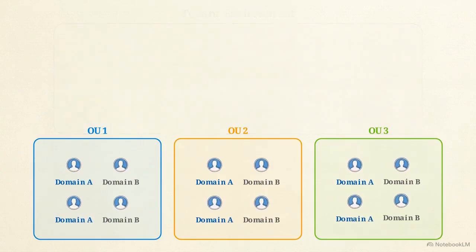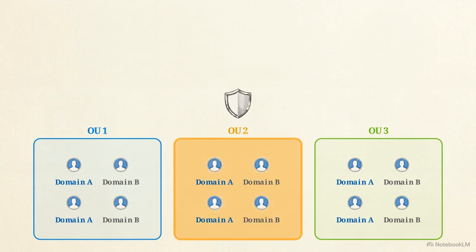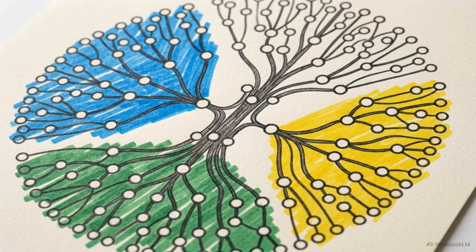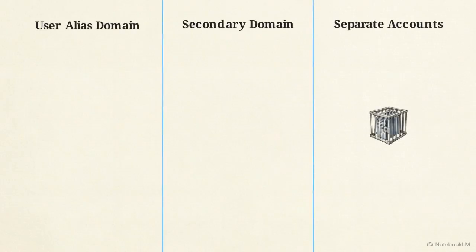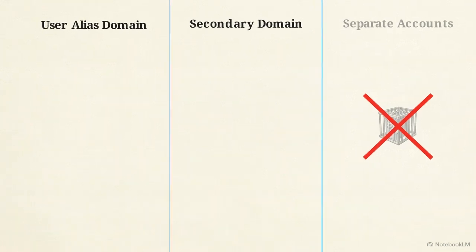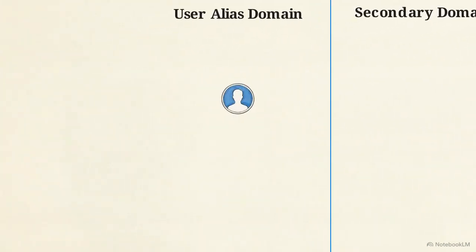To enforce distinct application permissions and security rules, administrators must actively map users from their respective domains into specific, logically structured OUs. Mastering organizational units allows a single cloud tenant to securely support vastly different operational requirements across any number of secondary domains. For maximum efficiency, the single-tenant, multiple-domain configuration is the standard best practice for any growing organization.